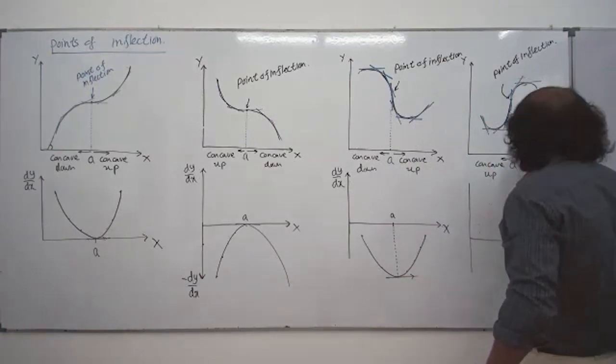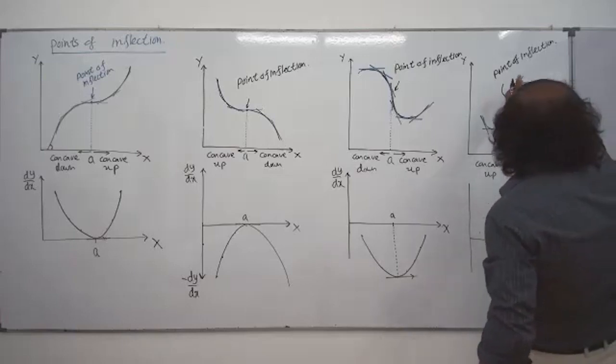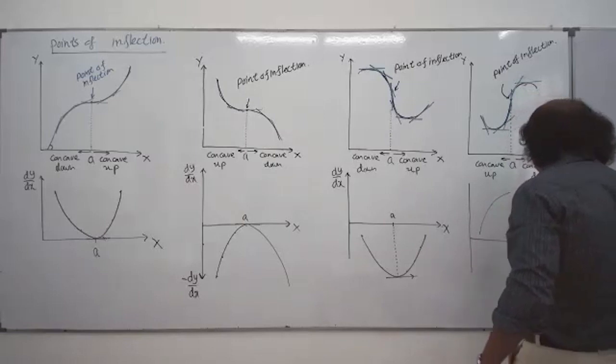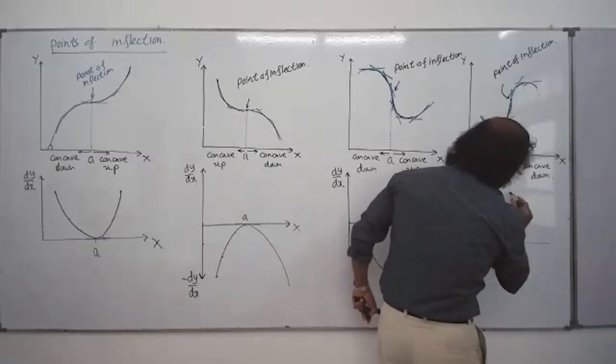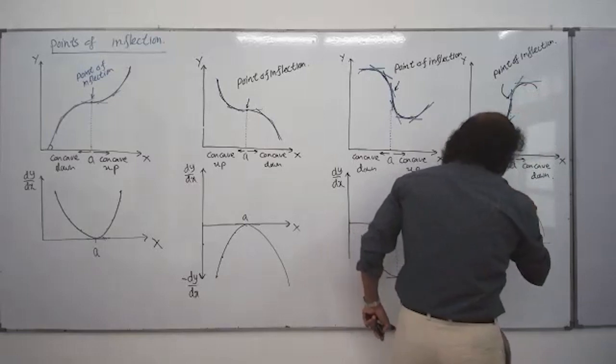Come to the maximum. And thereafter, still the gradient positive and the angle the tangent makes with x-axis decreasing. Then the tan value decreasing like this. This is the graph we get. At x equals a, gradient maximum, and thereafter decreasing. Like this, huh?